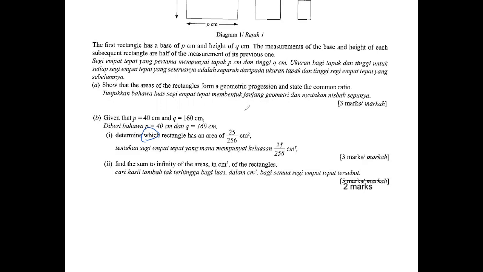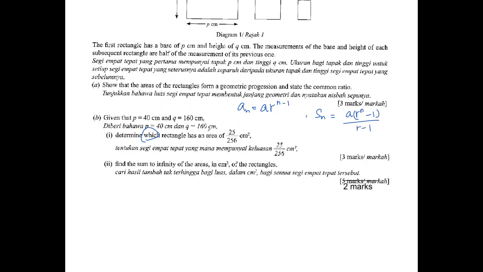For GP, we have two types of formula. We have the nth term formula, A_n equals A times r to the power of n minus 1. And then we have S_n, the sum, which is A times r to the power n minus 1, divided by r minus 1.